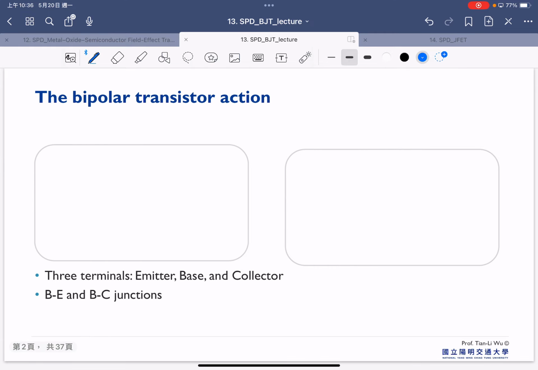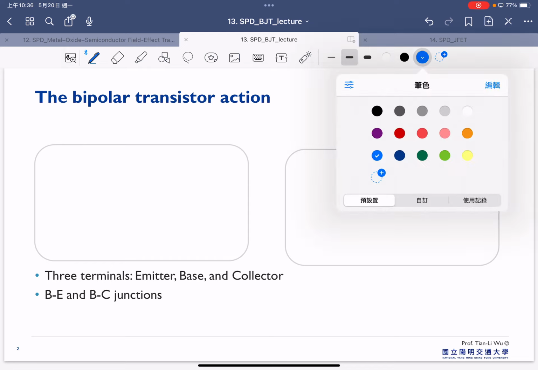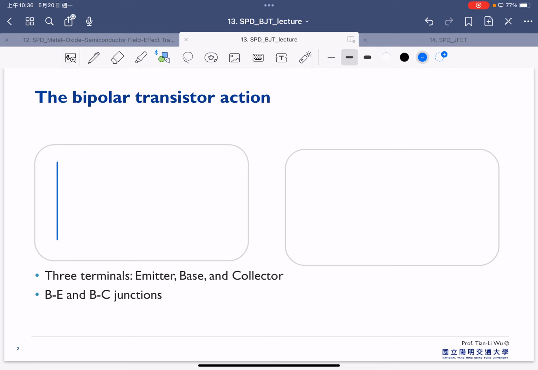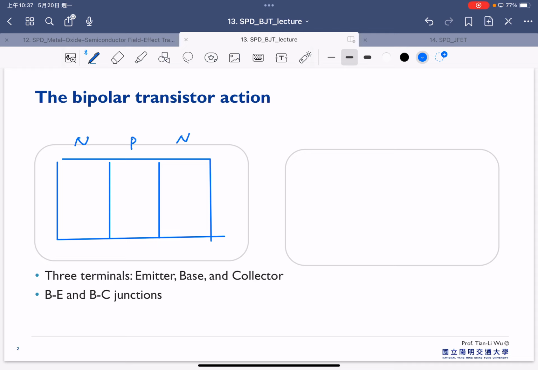So the basic schematic for the BJT is still a 3-terminal device, but now it considers a structure like this. The first and most common one is the NPN.